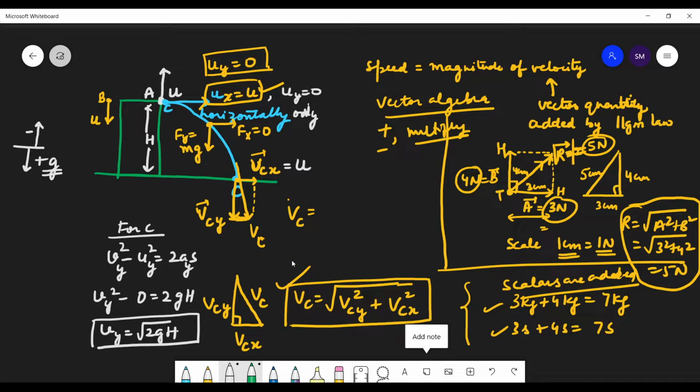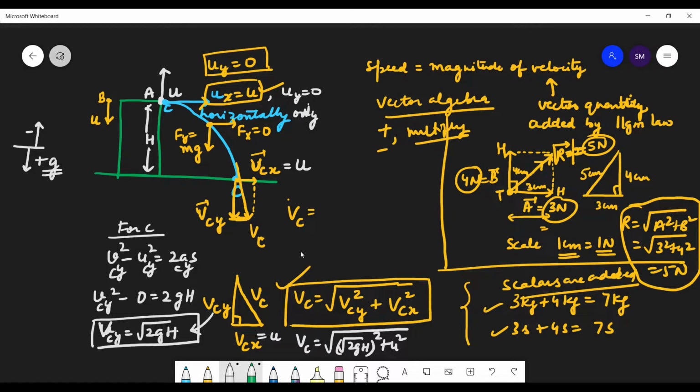And your vx remains the same, that is u. So this is your u, vcx, and vcy is under the root 2gh. So what will be the value of vc? So vc is equal to under the root vcy, velocity of c along the y-axis, under the root 2gh whole square, plus u square, isn't it?